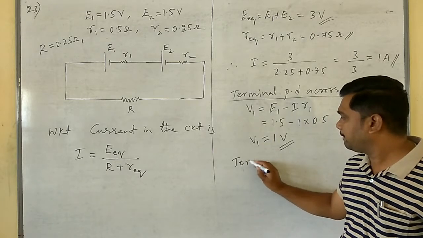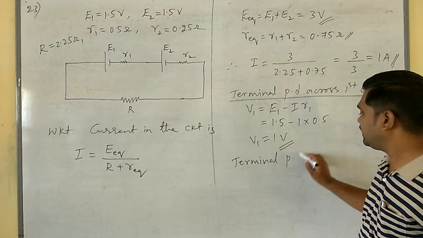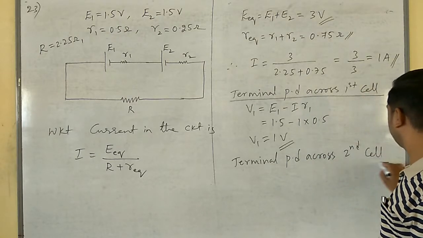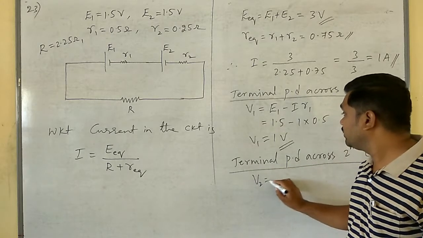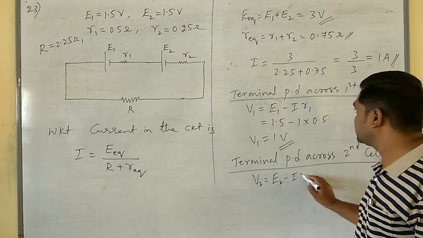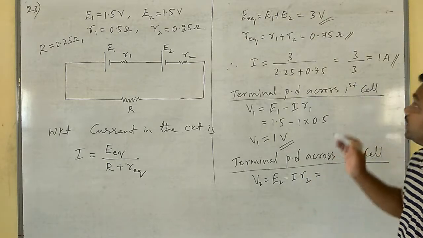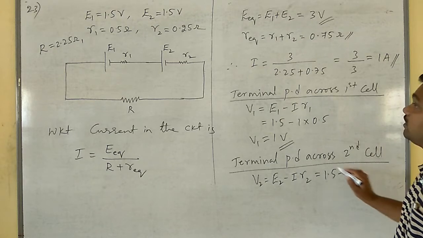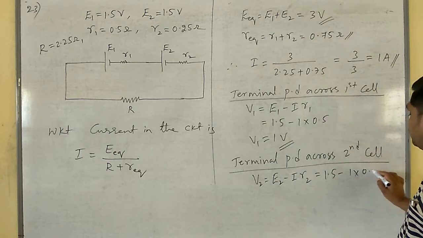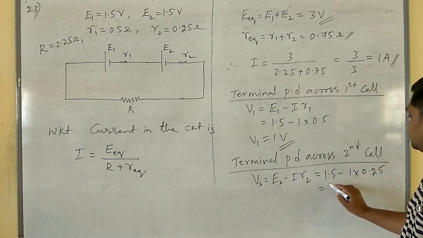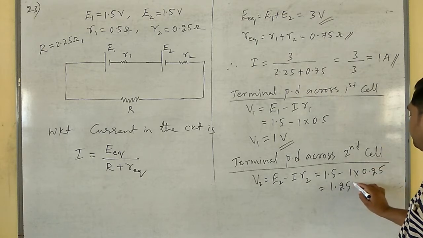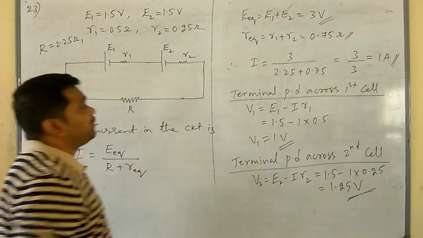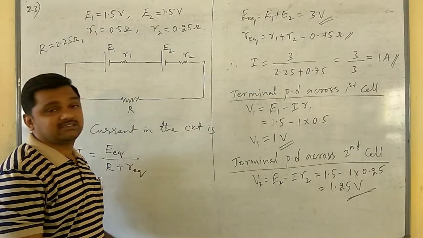Similarly, terminal PD across second cell V2 is equal to E2 minus IR2. Again E2 is 1.5 minus current is 1. What is the value of R2? 0.25. Okay, that is 1.25 volt. Okay, like this you have to find out the main current and the terminal PD across the cells.